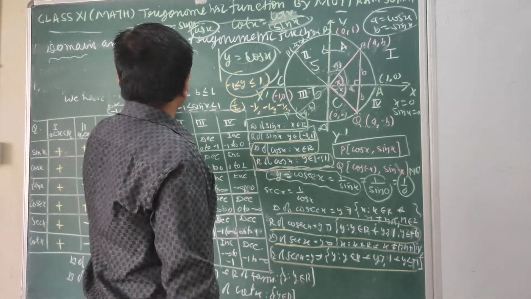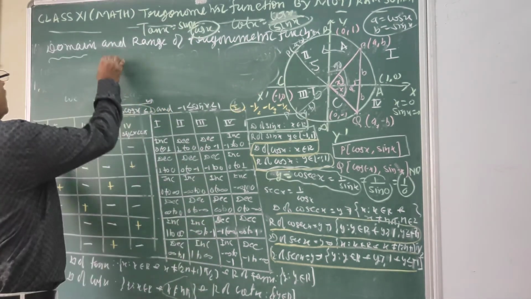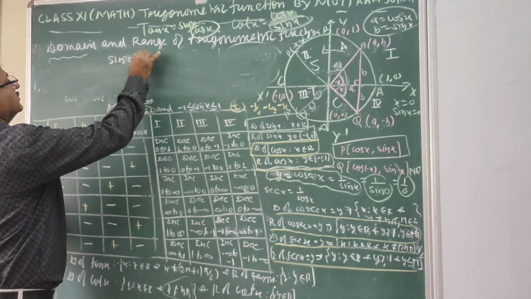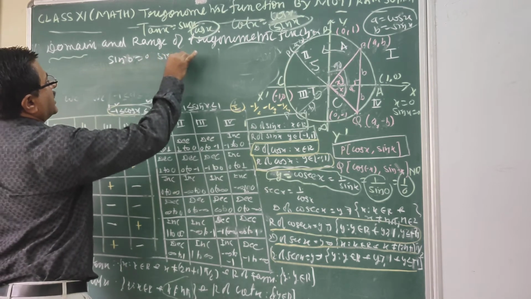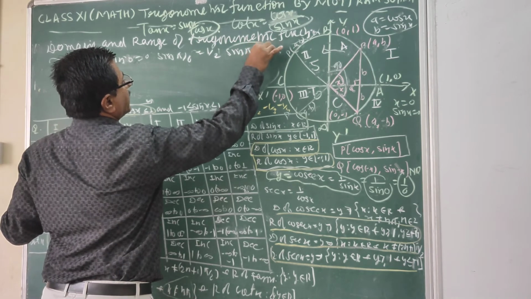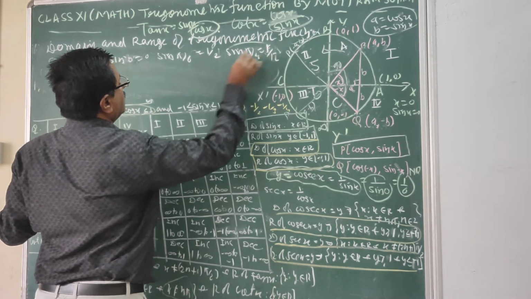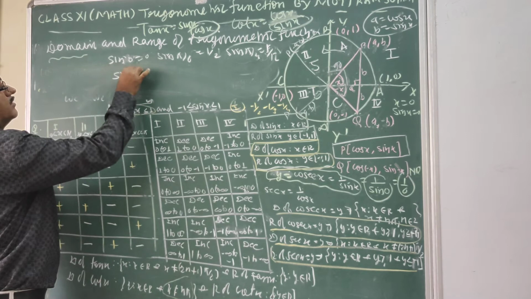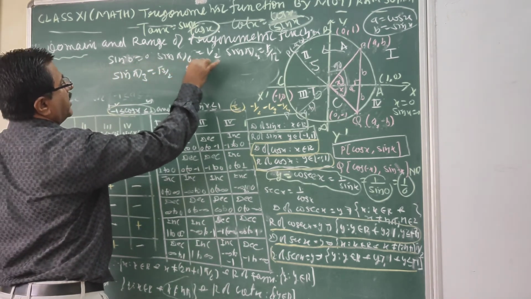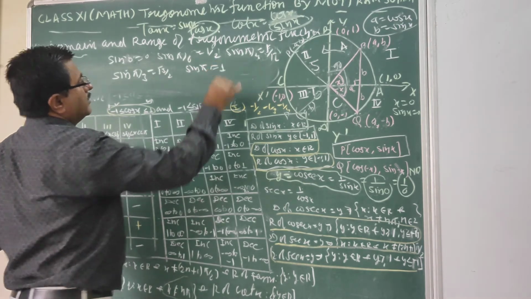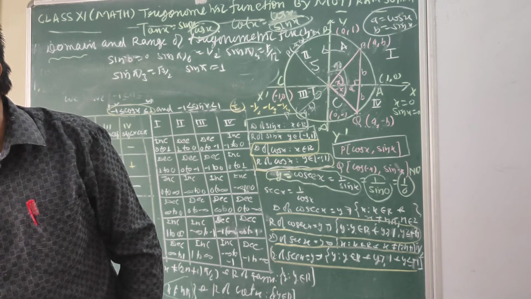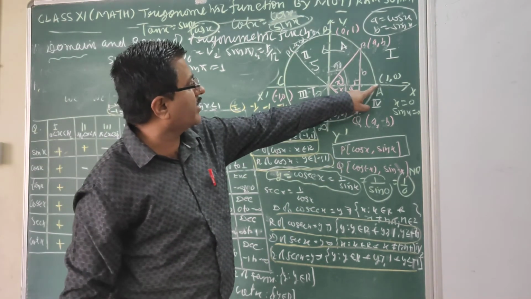In the first quadrant, if you see, the value of sin 0 is 0, sin pi by 6 is 1 by 2, sin pi by 4 is 1 by root 2, sin pi by 3 is root 3 by 2, and sin pi by 2 is 1.